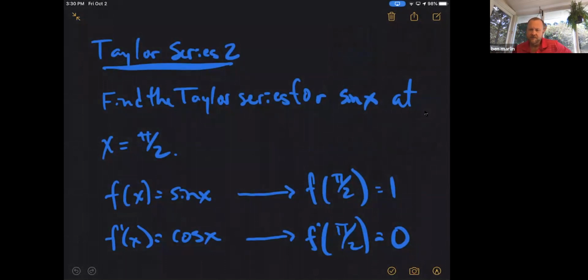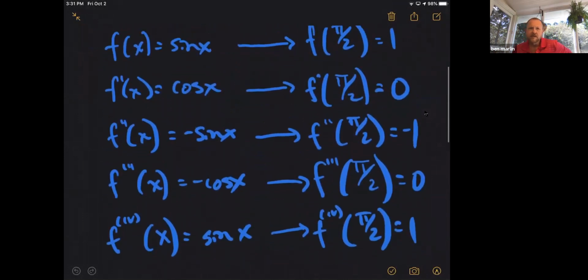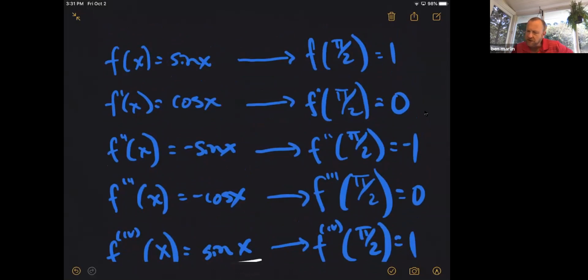just to have something that's not centered at 0, okay? So first thing is to notice what happens with sines and cosines as you take the derivatives. Once you get to the fourth derivative, you're repeating, right? And it's just going to cycle around and do that over and over again. So for what we want to do, we want to plug pi over 2 into all those derivatives. With that idea in mind, it's going to cycle around.